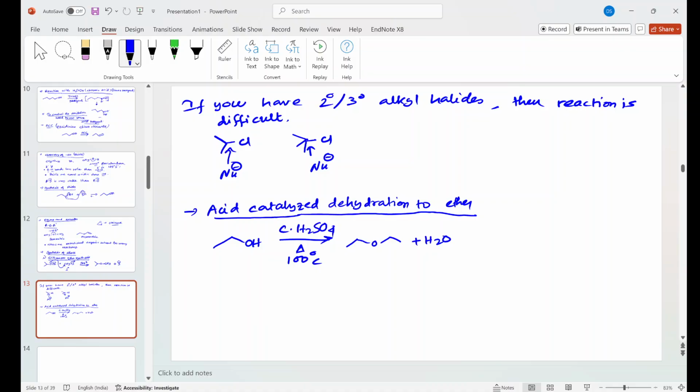So how will the reaction go? You have the lone pair here, and it will form the positive charge hydronium, and then you will have another alcohol molecule, and that can attack here, so that you will have this one.